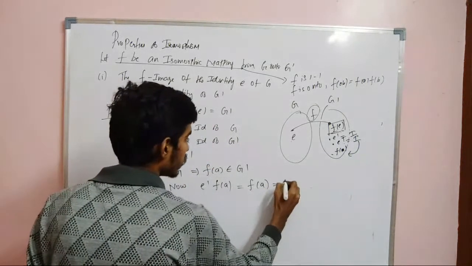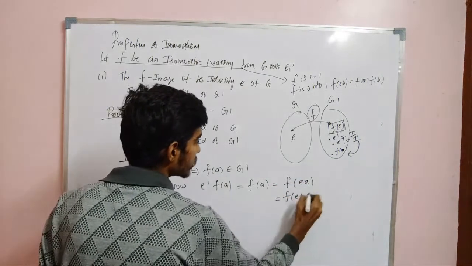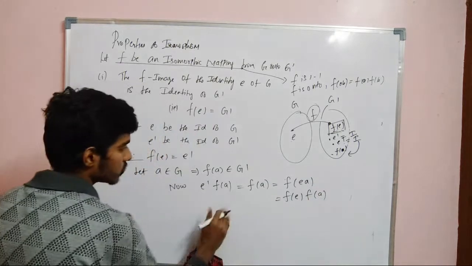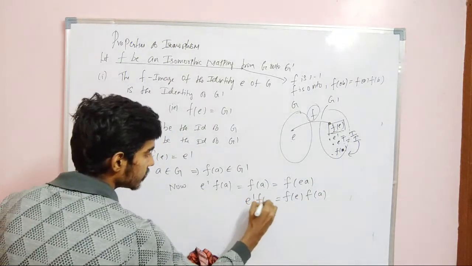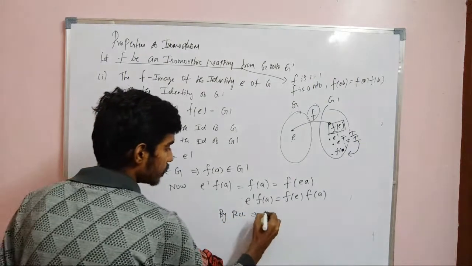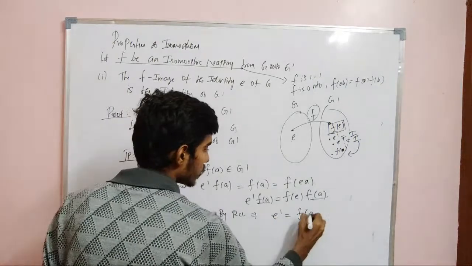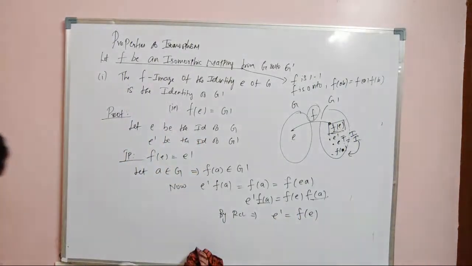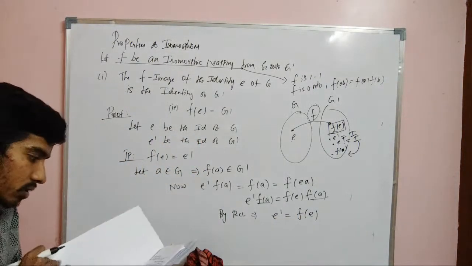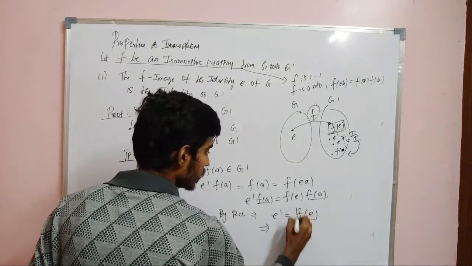So I can write F of A as F of E into A. So I can write this as F of E into F of A. So here we have E dash F of A. By right cancellation law, I can cancel this F of A and F of A. So E dash is equal to F of E. We have proved this, right? So what is F of E?